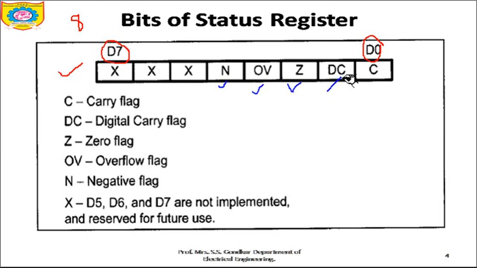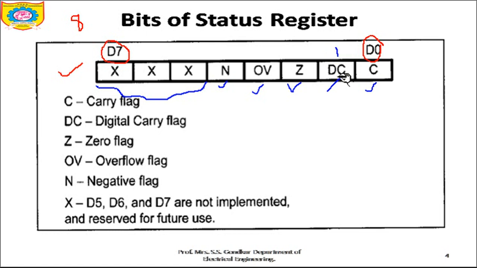You can see some things are written on that. We'll come to that point. But the ones marked with a cross, these 3, are unused. Starting with bit D0, which is indicated by the letter C. C stands for carry flag. Bit number 1 is DC, that is digit carry.